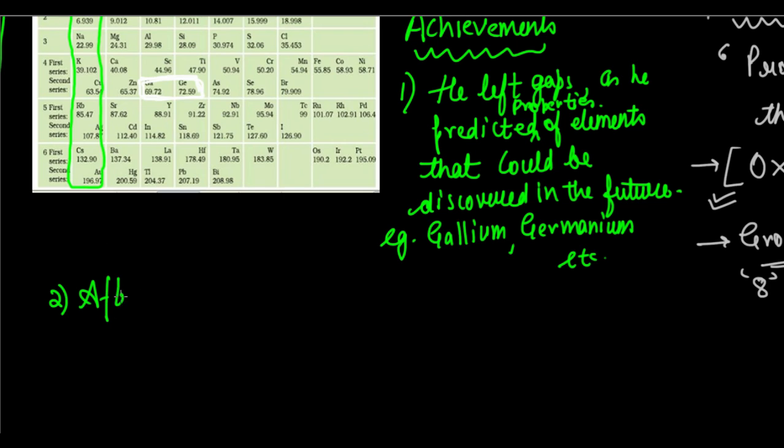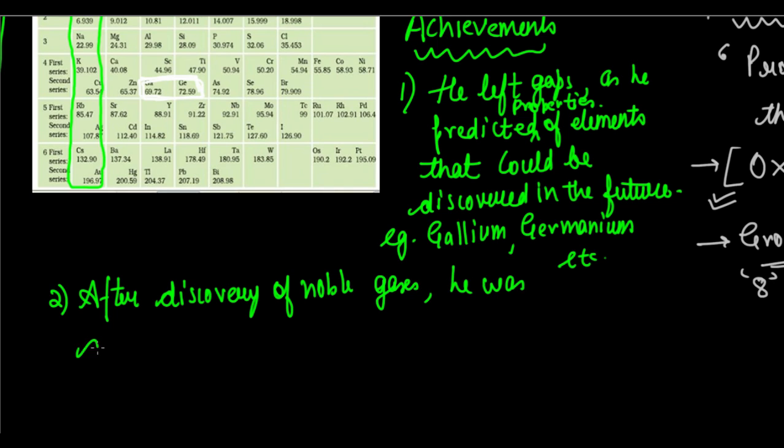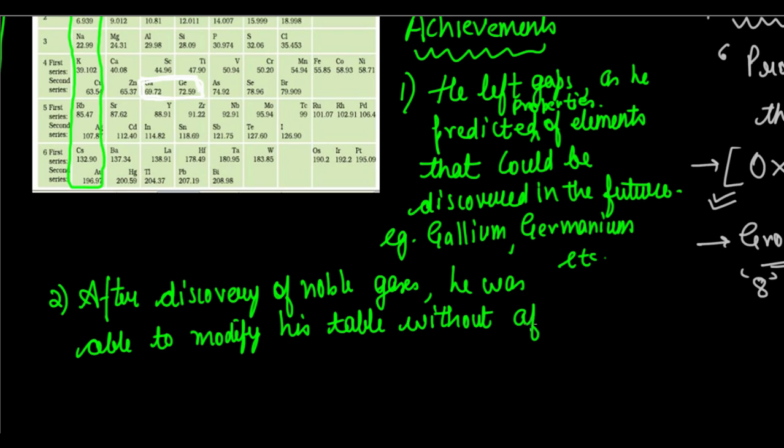After the discovery of noble gases, he was able to modify his table without affecting its original structure.